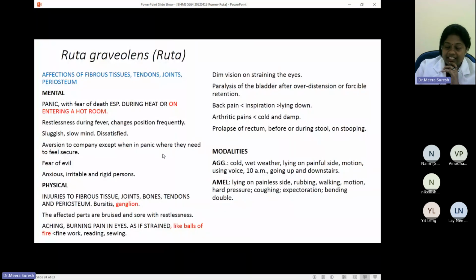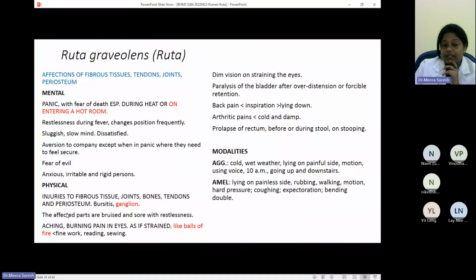At that time, when he is in panic, he needs someone to feel secure. Then there is fear of evil, anxious, irritable, rigid person. But I say this is not important in a clinical way when we are going to give Ruta for the rheumatic complaints or even the eye complaint or the prolapse. This is not a characteristic pointing out that particular remedy.